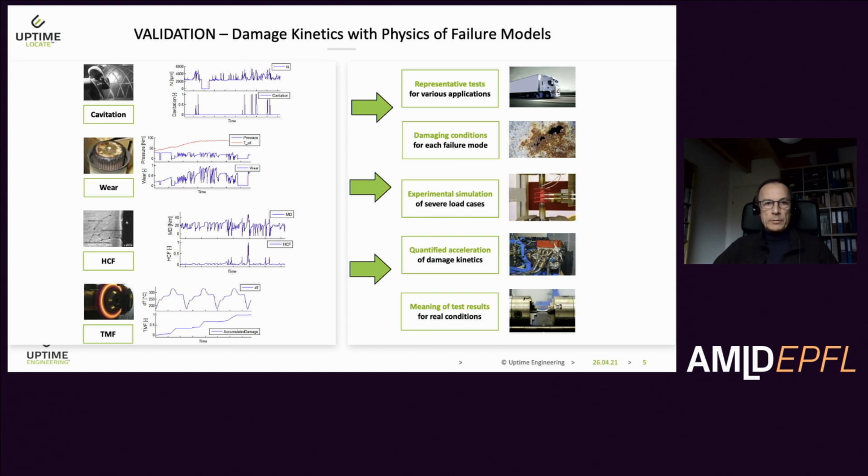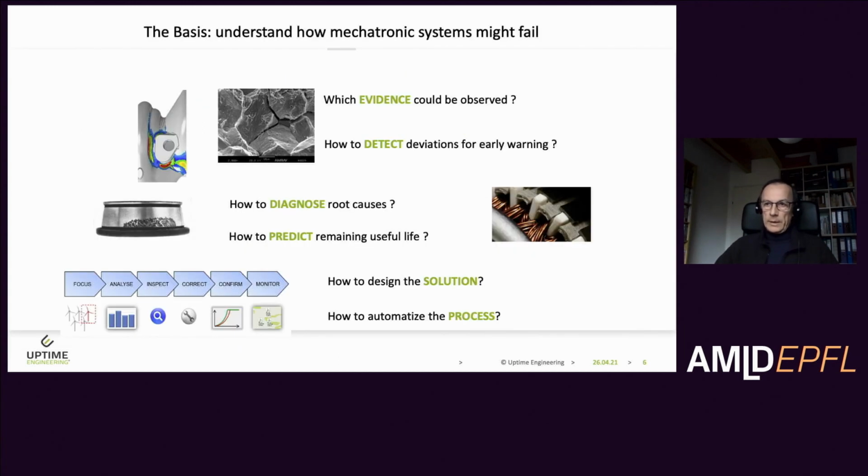That means we are able to transfer the time series of critical operation condition to a time series of damage kinetics. And we apply these models, the list of models, to all the different types of activities in order to find out how efficient is a validation process.